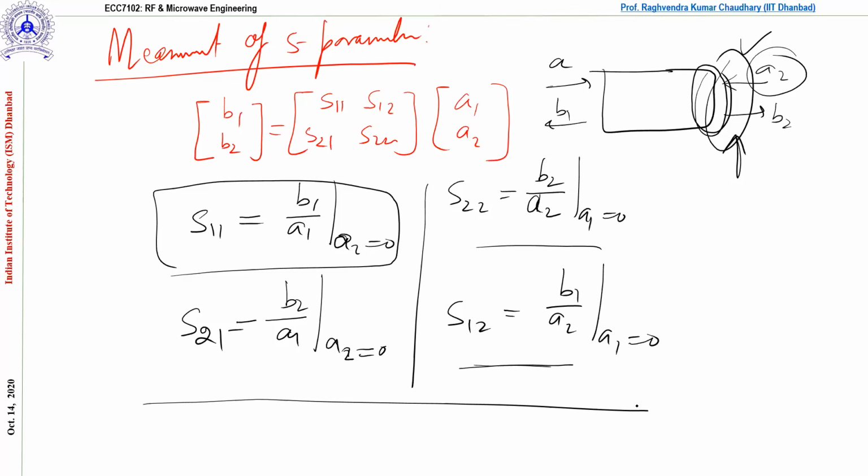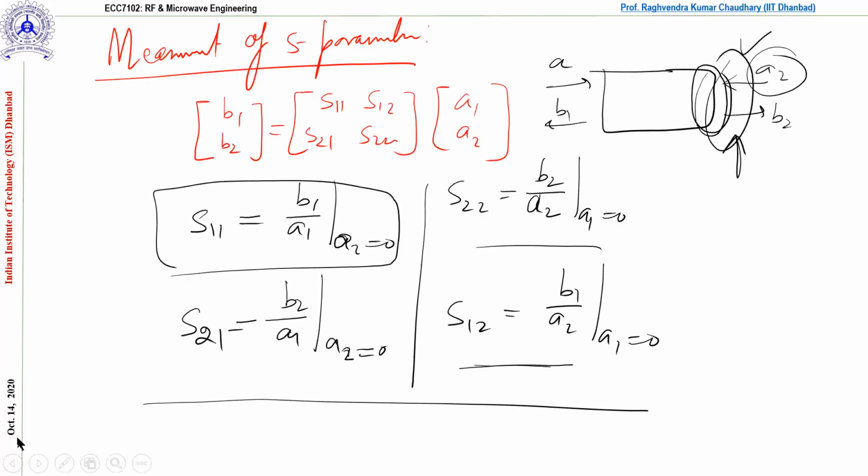So this is all about the S parameters. If you have any questions, you can discuss with me. Right now, 18 students are here. This is one of the very important units, and most of the problems we will be performing in our coming classes.